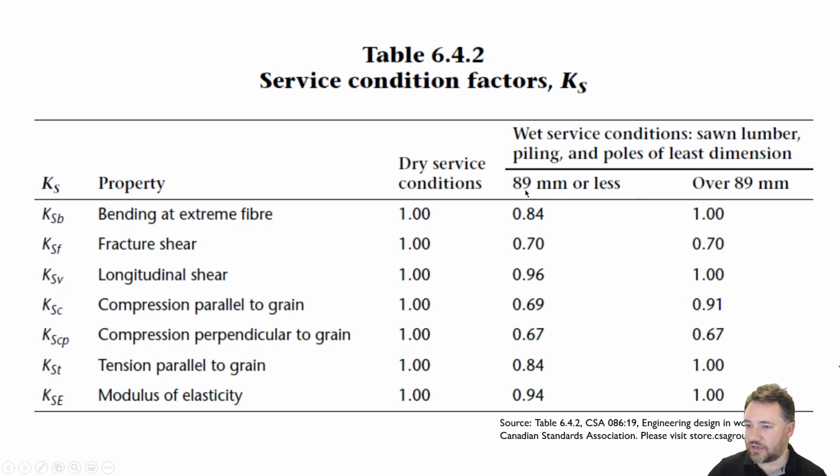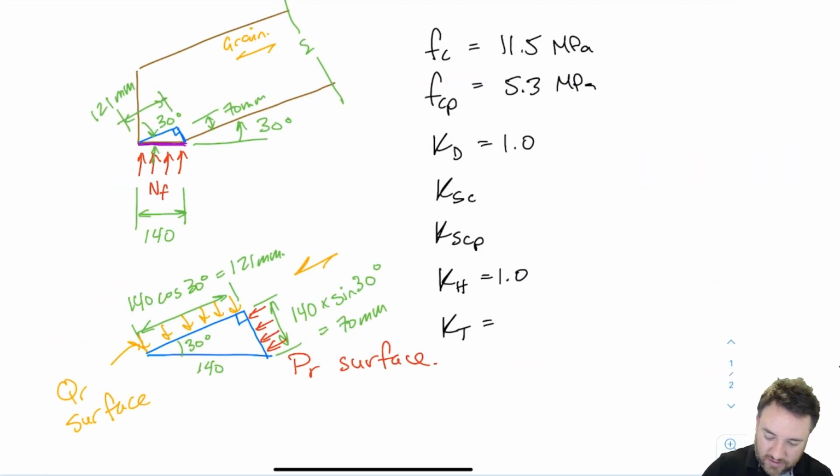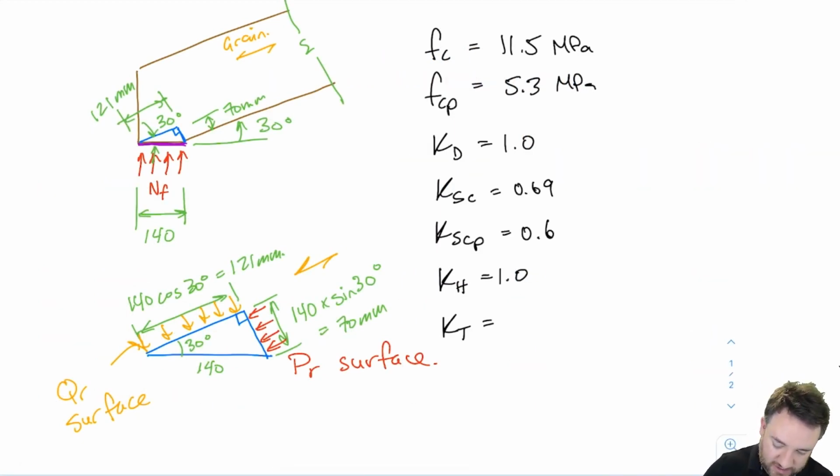So we can read down here and find KSC, the service condition factor for compression parallel to grain, is 0.69, and KSCP, the compression perpendicular to grain service condition factor, is 0.67. So let's put those ones in. That's 0.69 and 0.67.